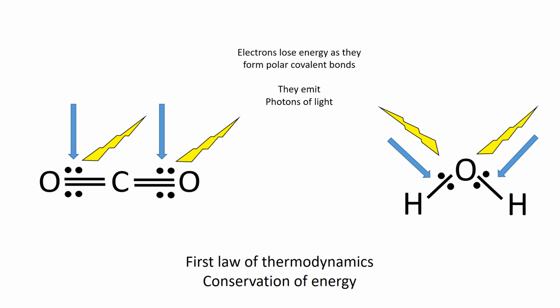Now, in the fire, what you're looking at in the flame, that is the carbon dioxide and water being formed, and as the electrons move closer to the oxygen, they're emitting photons, and they have enough energy that we can actually see them as light, and the ones that have a little bit less energy, we feel as heat.